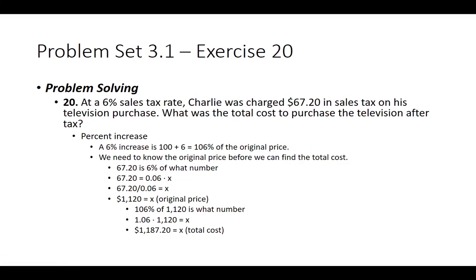Number 20. At a 6% sales tax rate, Charlie was charged $67.20 in sales tax on his television purchase. What was the total cost to purchase the television after tax?